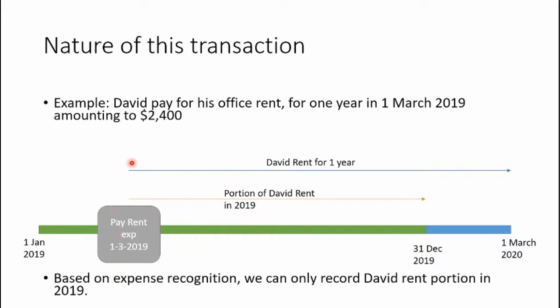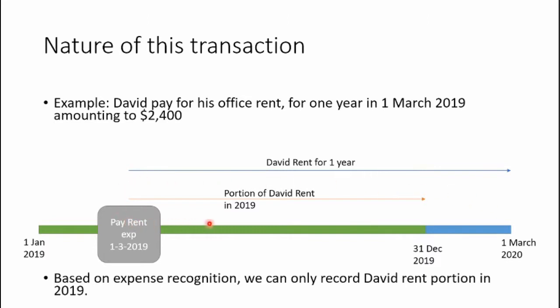The payment he paid here will be for the rent for one whole year. It will be displayed here in this thin blue line. But notice here that there's also this orange line.